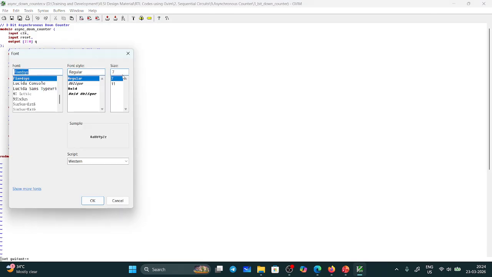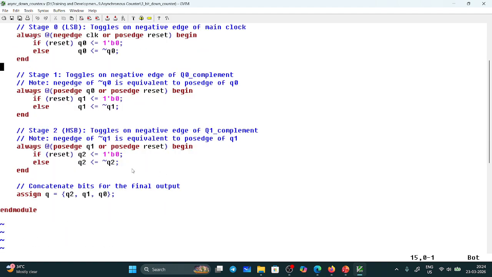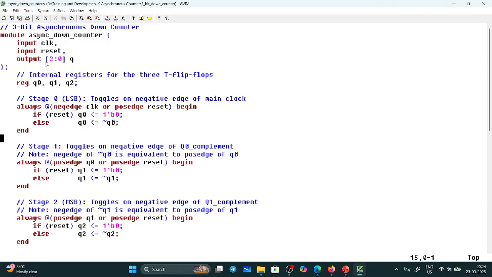So if you see the asynchronous down counter, module asynchronous down counter, clock and reset I am declaring as input. Input clock and reset, output [2:0] Q. But here this is wire only. Why?